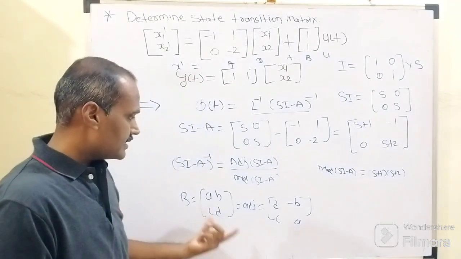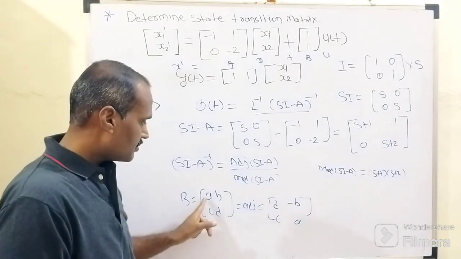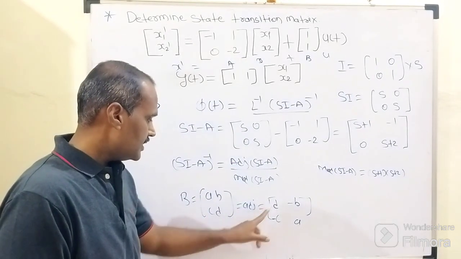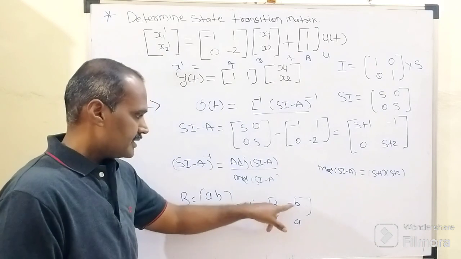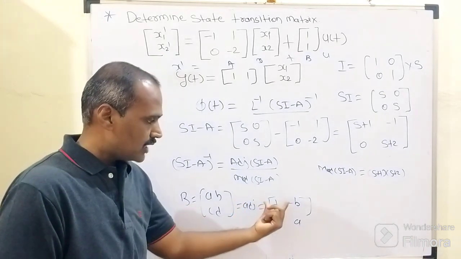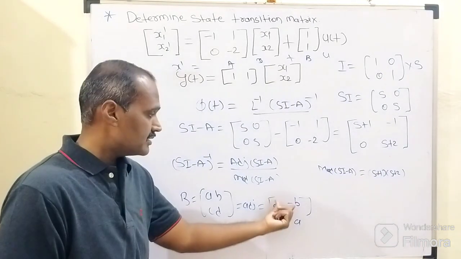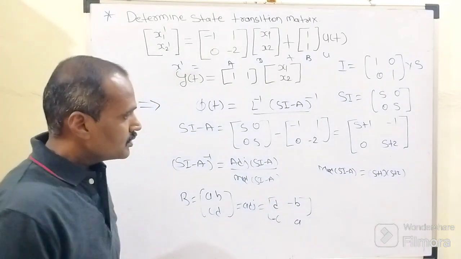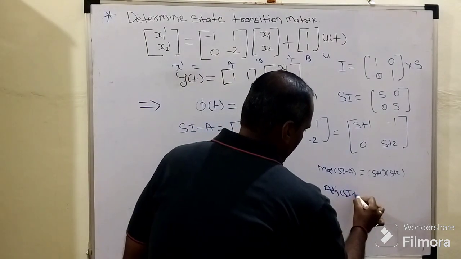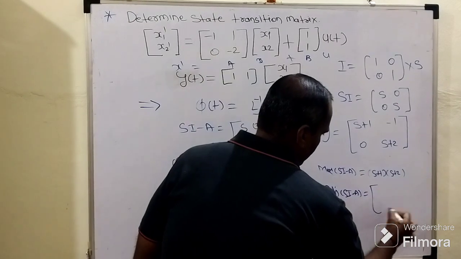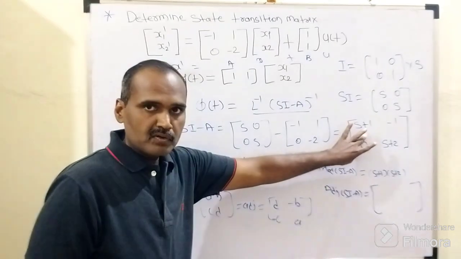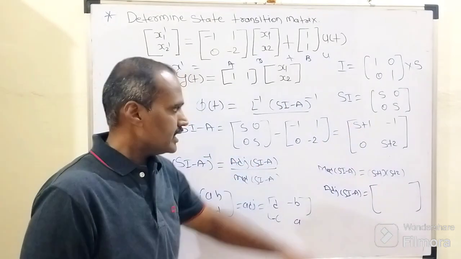So what exactly are we doing? For the adjoint, simply we are exchanging the diagonal elements. Instead of A it becomes D, instead of D it becomes A, and as far as the remaining two elements are concerned, we are simply changing their sign, right? So the adjoint of this SI minus A will become what here? These are the original elements of the SI minus A matrix.